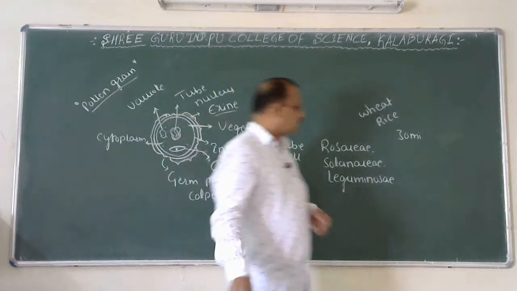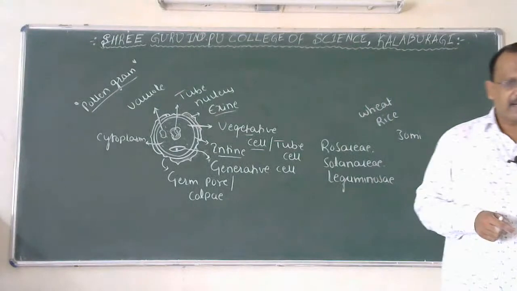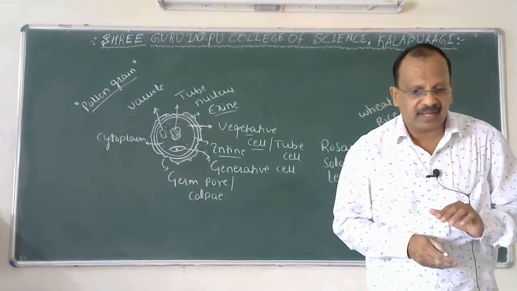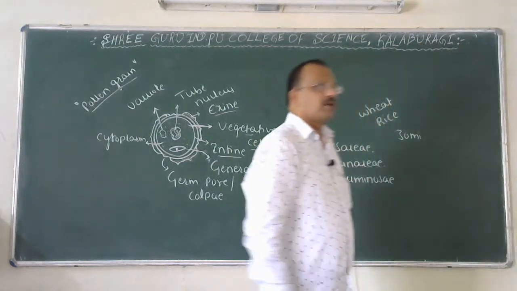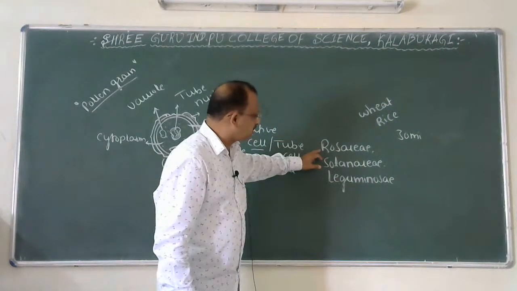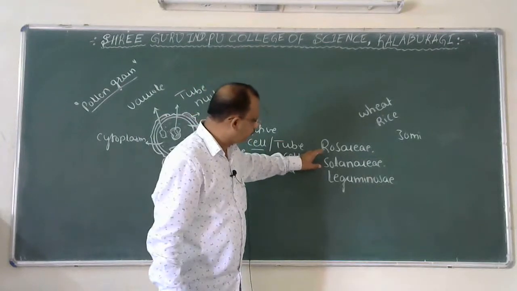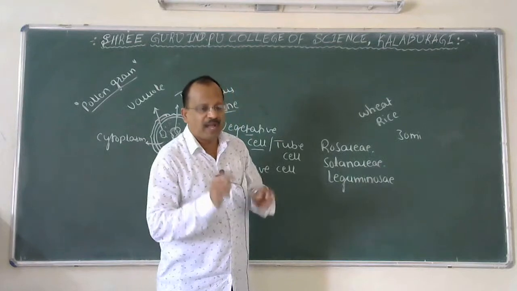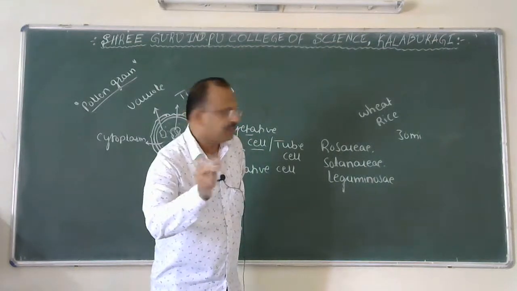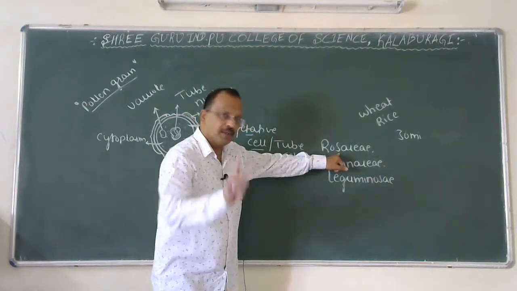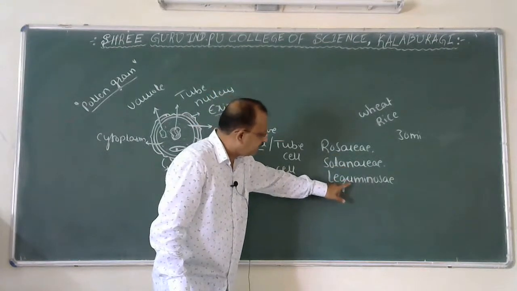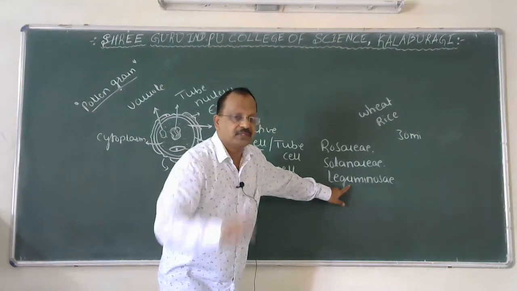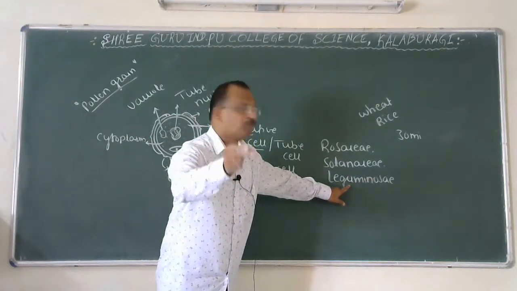I will repeat this last point once again. Wheat and rice lose viability within 30 minutes from their release into the environment. But members of the family Rosaceae, Solanaceae, Leguminosae maintain viability even for months. Rosaceae, the rose family, Solanaceae and Leguminosae we have already come across in detail in PUC first year chapter Morphology of Flowering Plants.